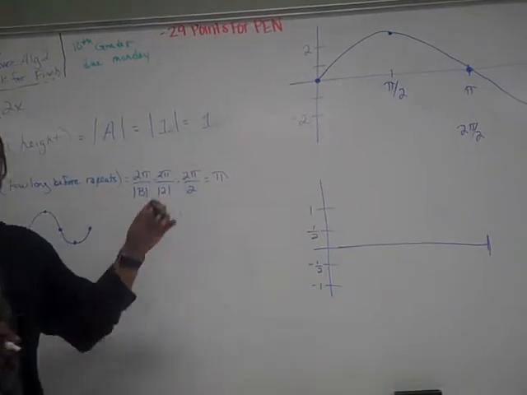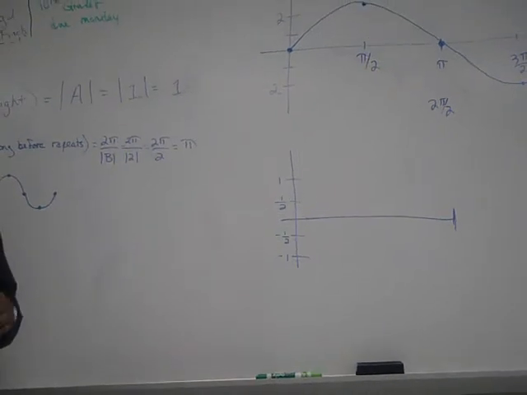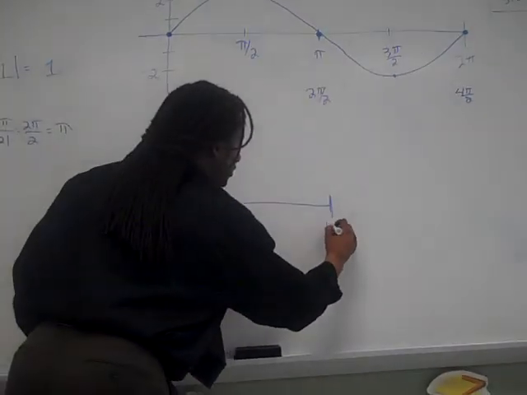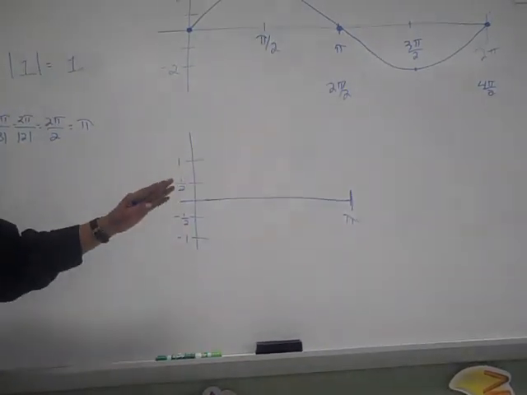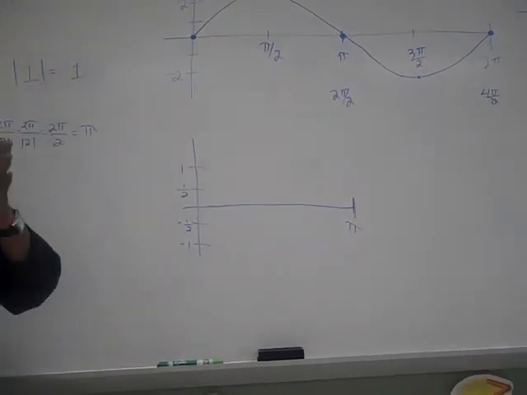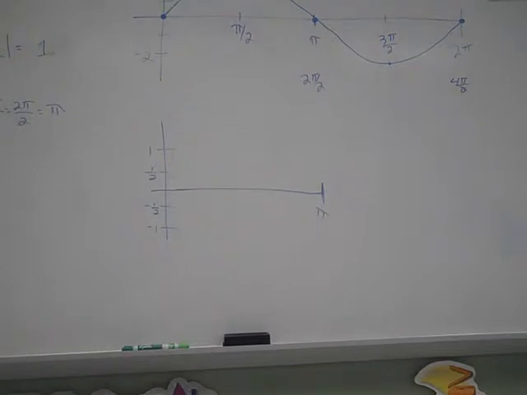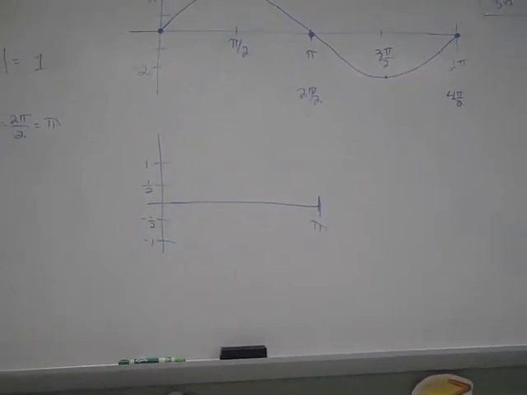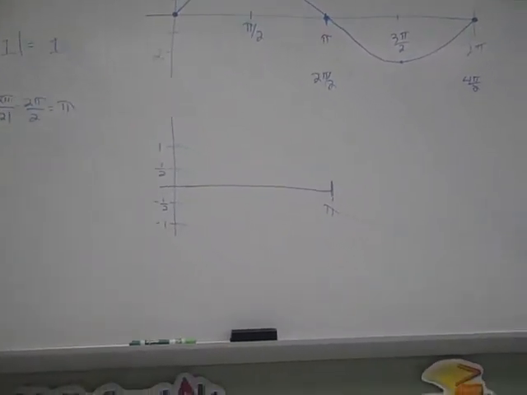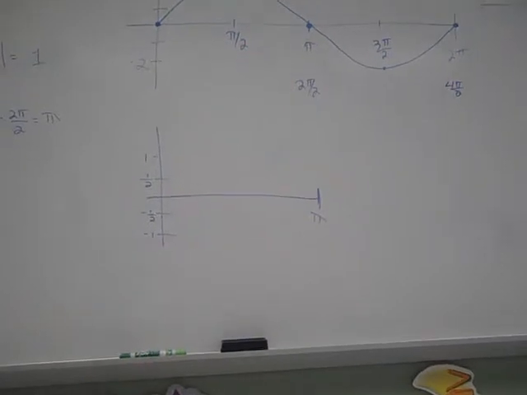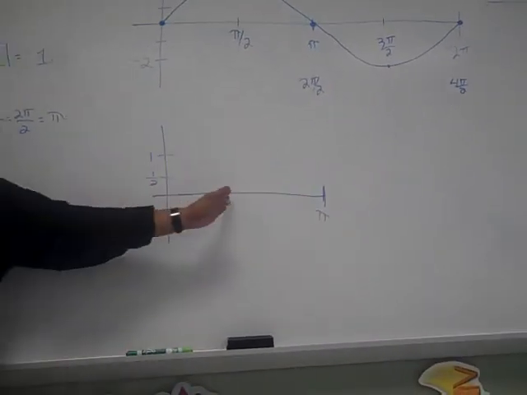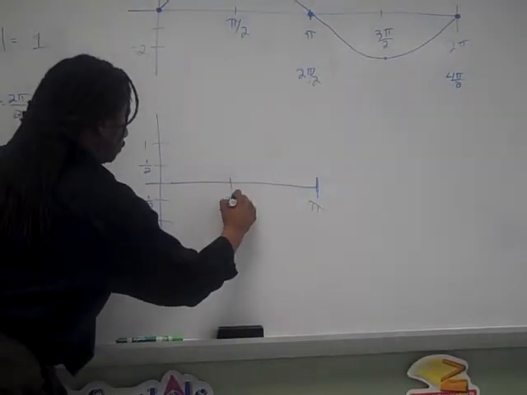All right. What's my period? Pi. Now, does it have to stop there? No, but you have to get that first period before you can copy it. Copy and paste as you guys do. Okay? So I have to break it up. What do I do? Split it in half. What's my half? Pi over 2.